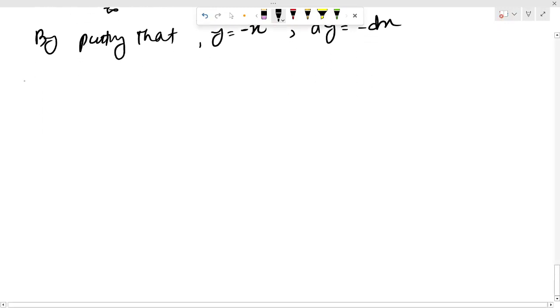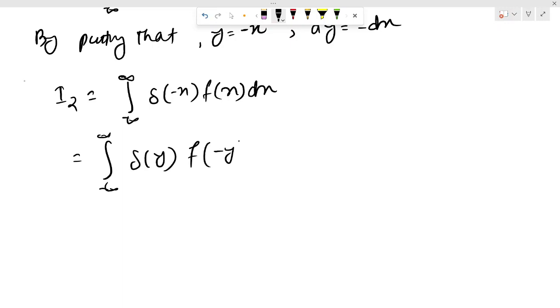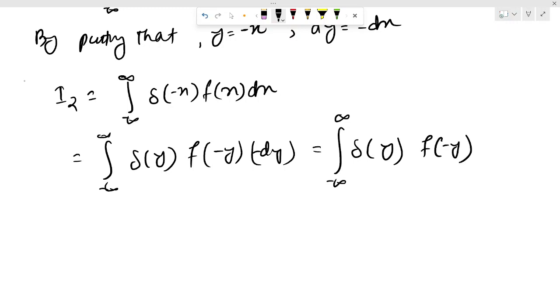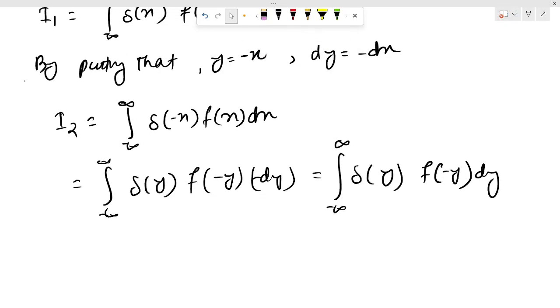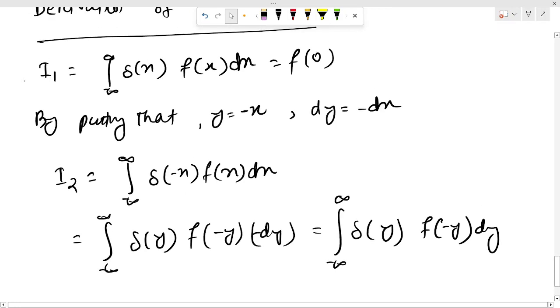So take I2 as the integral from minus infinity to infinity of δ(-x) f(x) dx. I can write in place of minus x as y, and in place of x I can write minus y, and in place of dx I can write minus dy. So what will it become? Integral from minus infinity to infinity of δ(y) f(-y) dy.